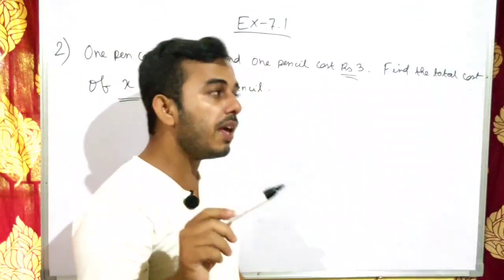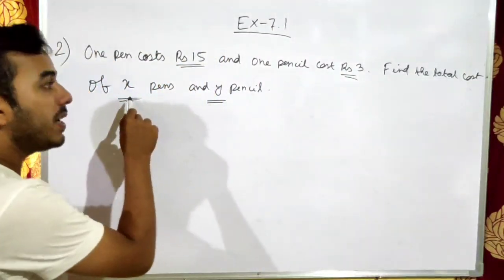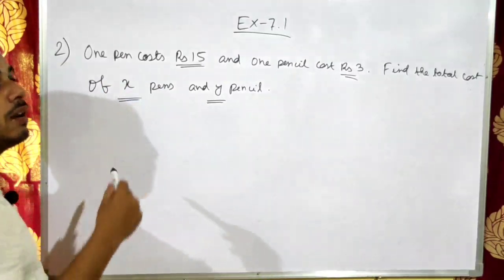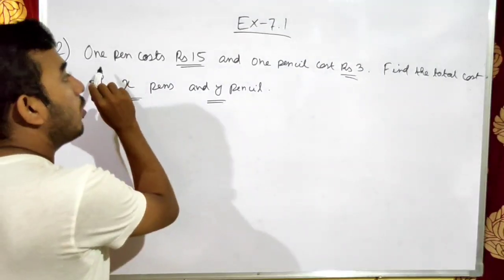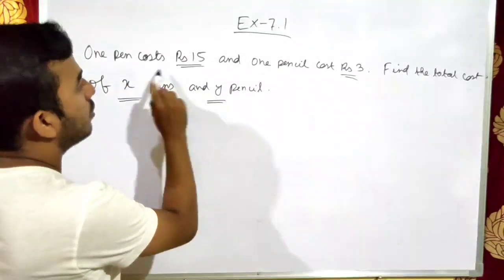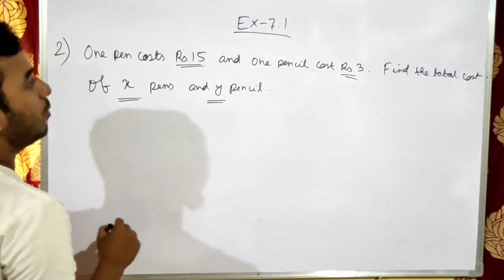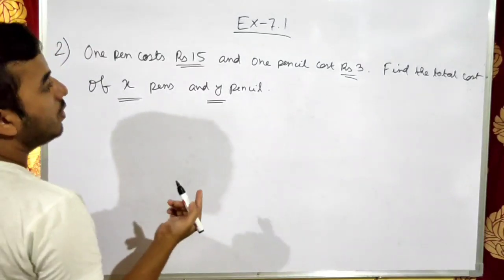So same here, the exact number is not given, it is given in literals, that is in alphabets. So the cost of one pen is what? Rupees 15. So the cost of X pens will be rupees 15 into X, isn't it?